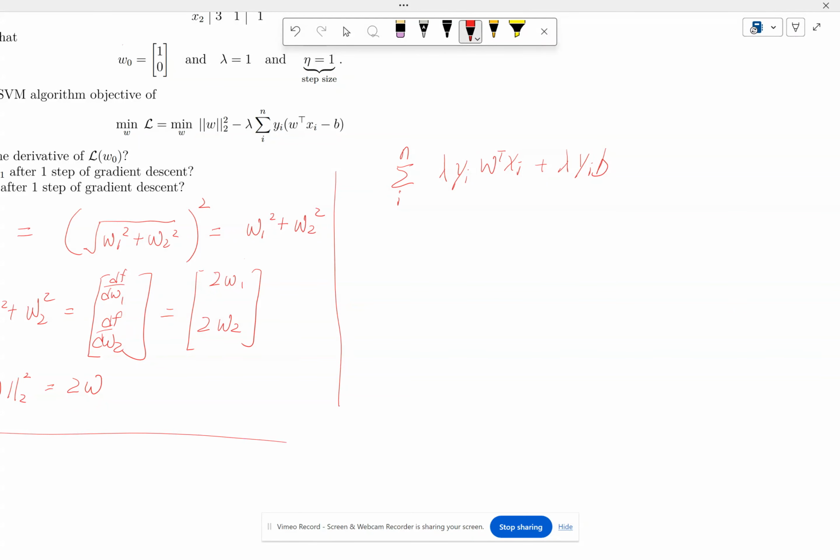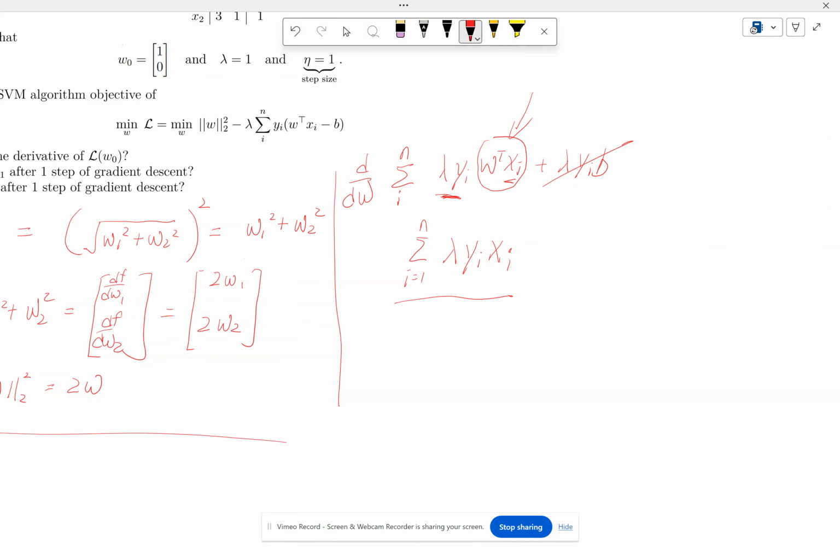Yes, I think so. Now we want to find the derivative with respect to w. Since there's no w in the second term, that just cancels out. And these are constants, I mean scalars, while xi is a vector. So you just really need to look at this part here. When you take the derivative with respect to w, you get lambda yi xi, summed over i equals 1 to n. So this is the result.